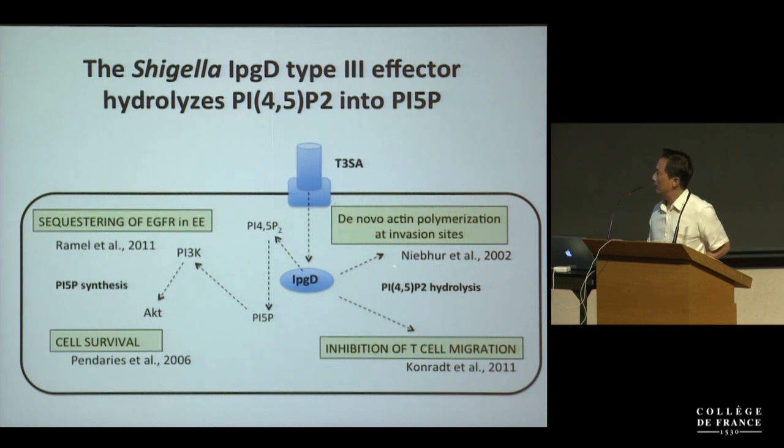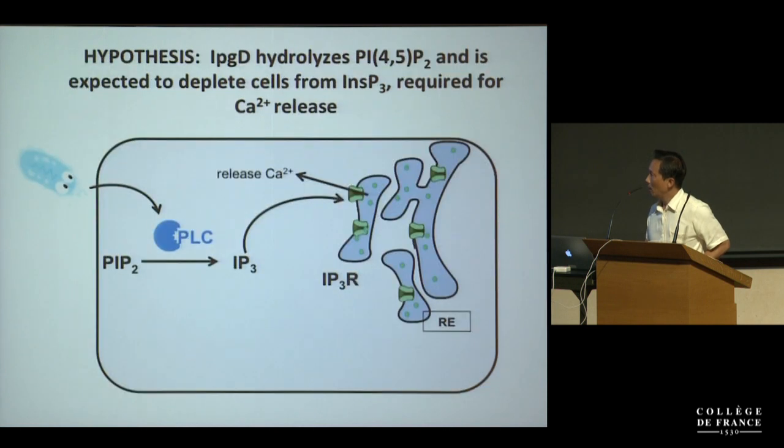And other activities are linked to PI(4,5)P2 hydrolysis, for example, de novo actin polymerization, because it would disconnect actin filaments from the cell membrane, or the inhibition of T-cell migration through ezrin, through the dephosphorylation of PIP2 on ezrin molecules. What we hypothesize is that IpgD could probably also affect PIP2.